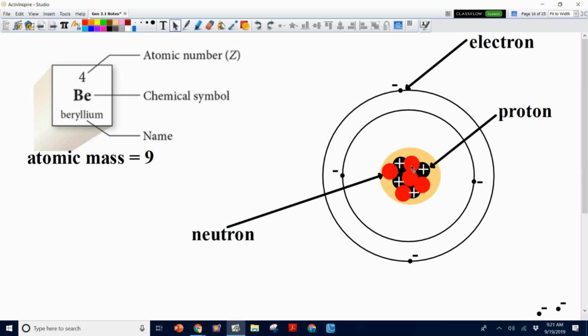These red spheres or circles here are the neutrons. In the nucleus of every atom are protons and neutrons. This number tells you the protons, so you take the mass and subtract this number, and it tells you how many neutrons. So beryllium has 5 neutrons, 4 protons for a total mass of 9. Each one of these particles has a mass of 1.